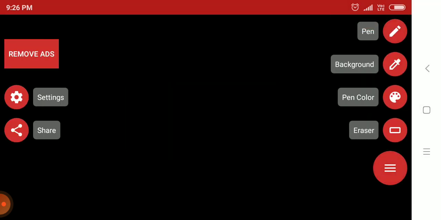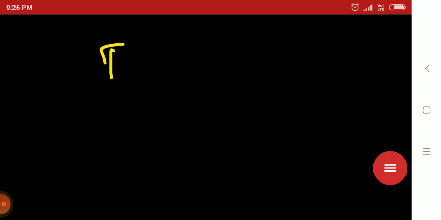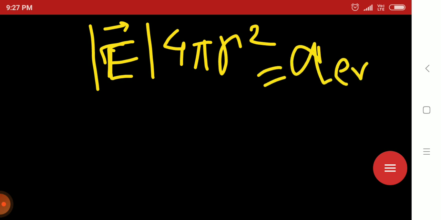After applying Gauss's law, first we calculate the area of the small Gaussian sphere. We are first obtaining the magnitude of the electric field, and the area is 4 pi small r square, and Q enclosed. Now this is the main thing, Q enclosed by epsilon naught.